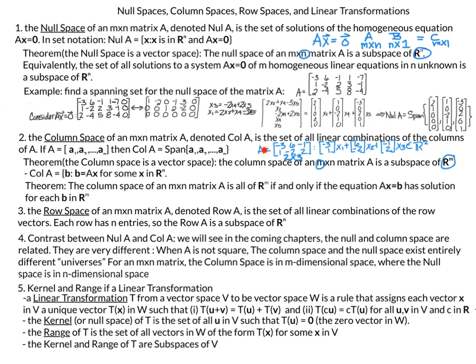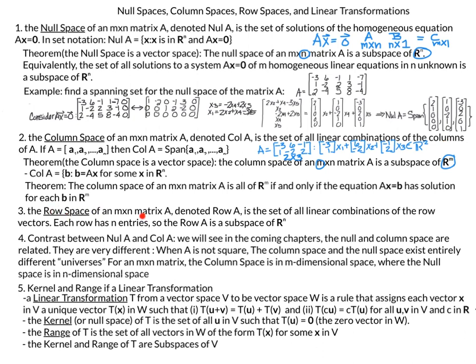This A is 2 rows by 3 columns, so it's the m number that determines where the result of our linear combination ends up. One important point is that the null space is in n-dimensional space, while the column space is in m-dimensional space. So these are two different universes.